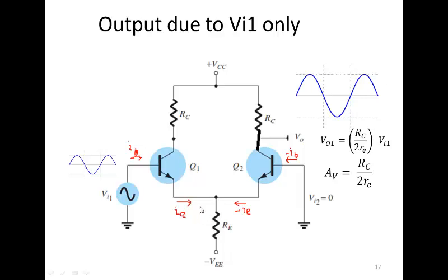And if this current is 0, then this current and this current would be equal, because the sum of these two currents would be 0. So the direction of this current IE would be this one, and the emitter current of the second transistor would have a direction similar to IE. So IE would be up, in the direction entering into the emitter.